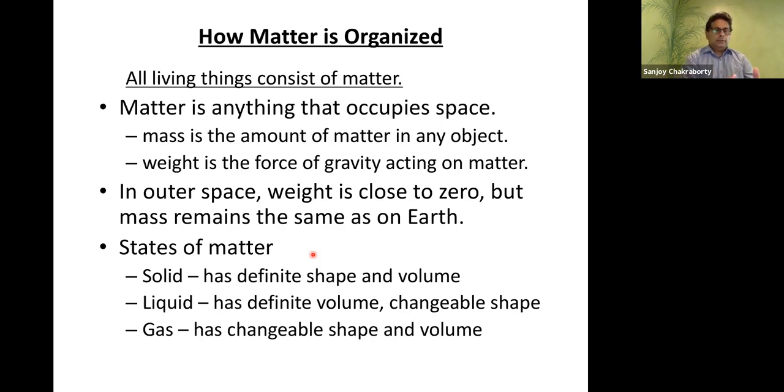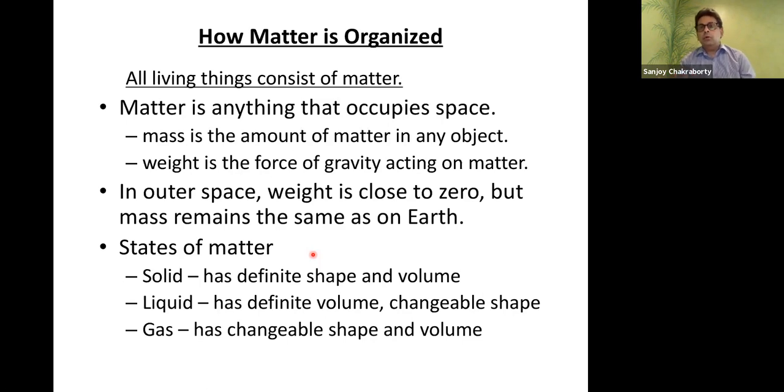Solid has a definite shape and volume, and the units that make up the matter, which I'm going to name later on, are close by. Liquid has a definite volume, but obviously takes the shape of the container. If you pour water in a glass, it will take the shape of the glass.